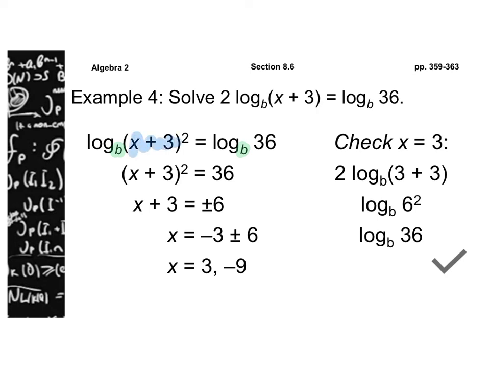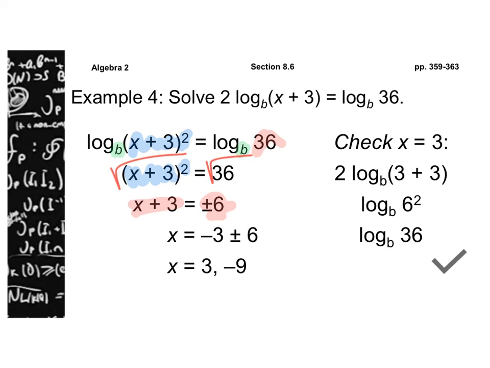So I take the x plus 3 squared, and it becomes x plus 3 squared equals 36. All right, now I square root both sides, and I get x plus 3 equals plus or minus 6.